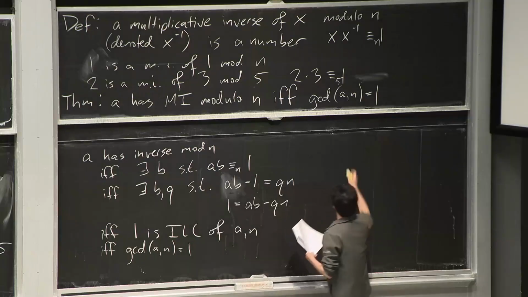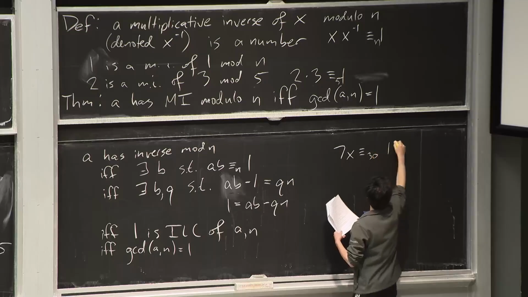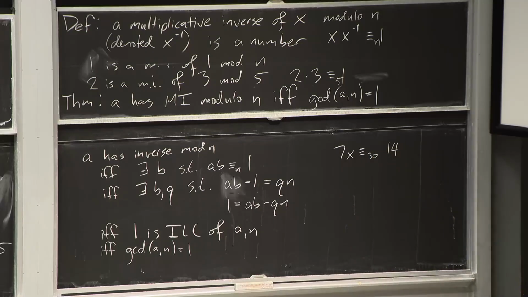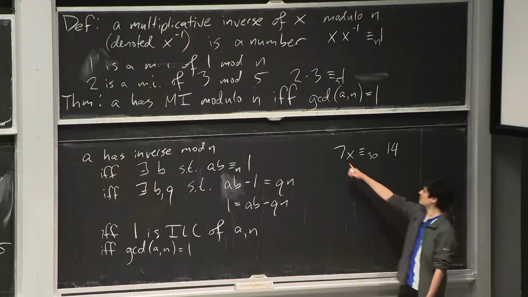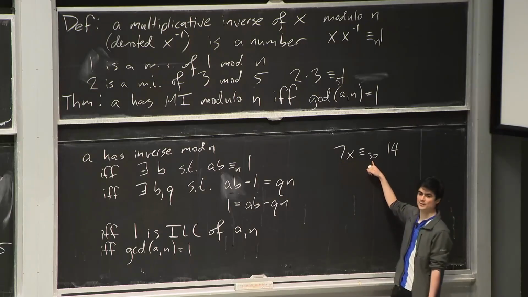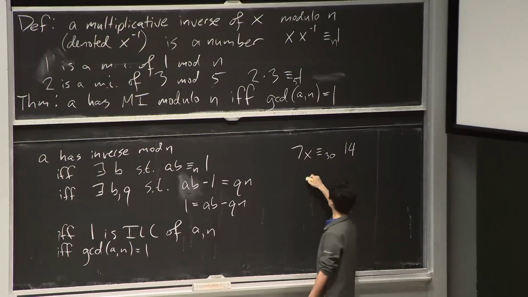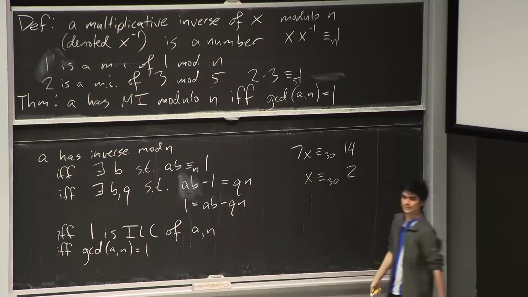So if we have, say, 7x is congruent mod 30 to 14, then we are allowed to divide both sides by 7, because the GCD of 7 and 30 is 1. So we are allowed to conclude that x is congruent mod 30 to 2.